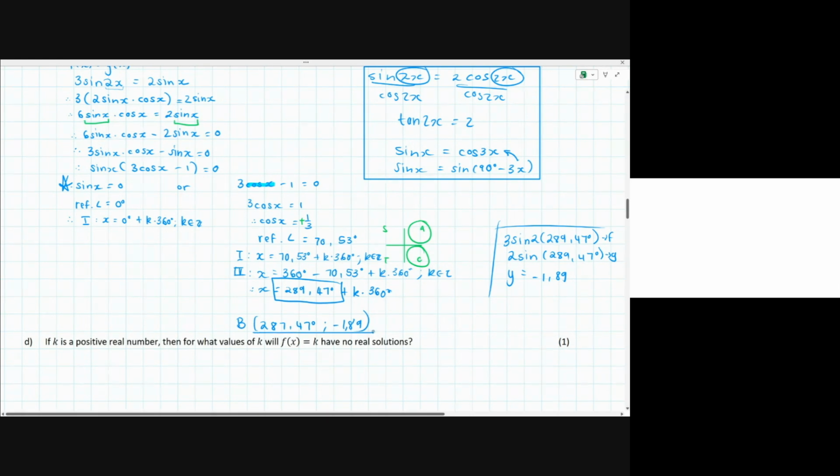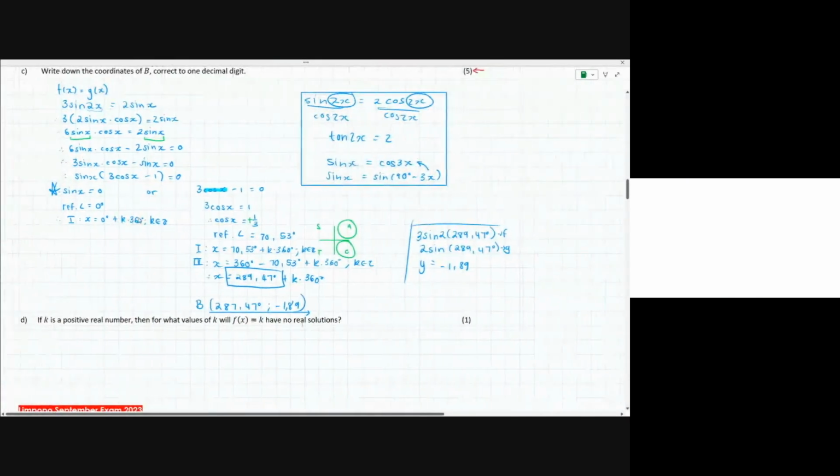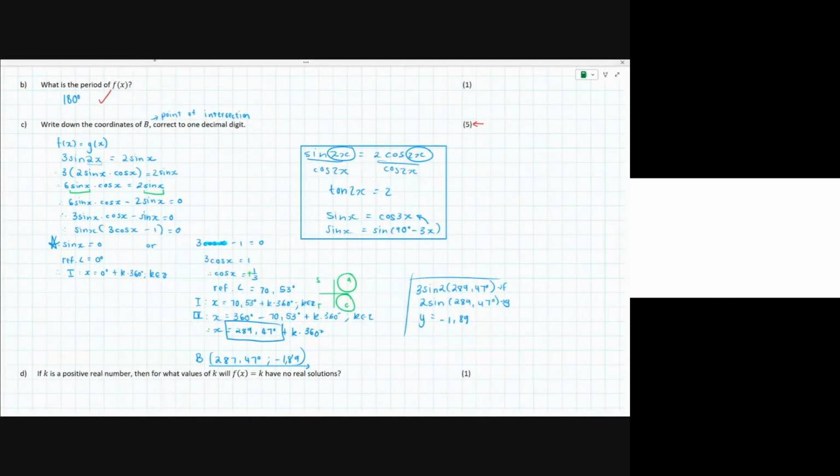Right, so there's a fair amount of working out, but this was a 5-mark question. Generally this is where general solution pops up in functions where we're looking for points of intersection. So it's just important to be mindful of that and bear in mind the little pieces of information I gave you, when to use co-ratios, when to use tan, etc. All right, so just mark allocation here for you.